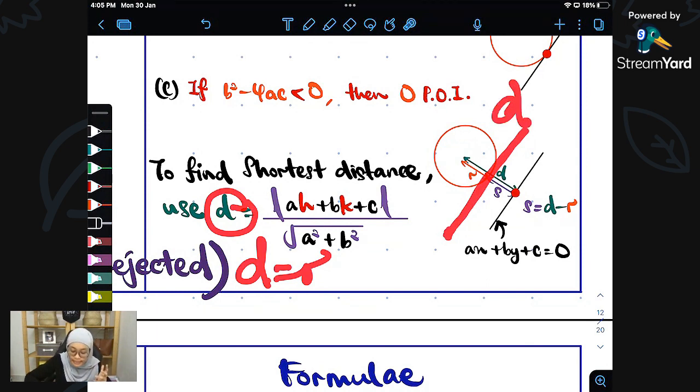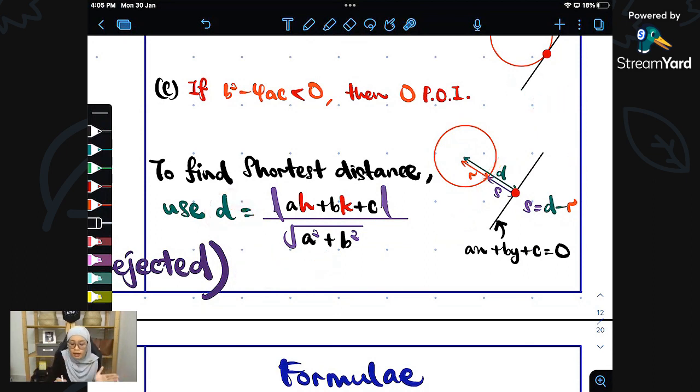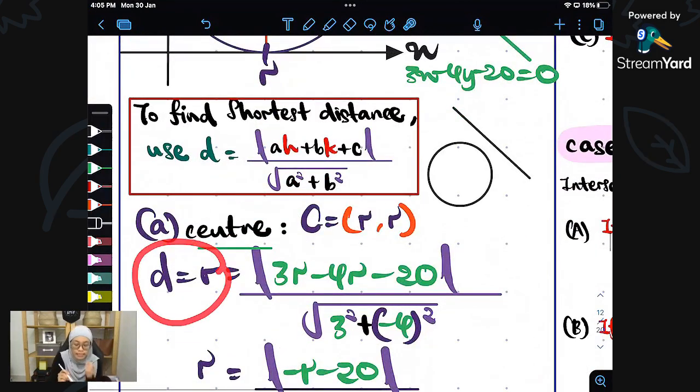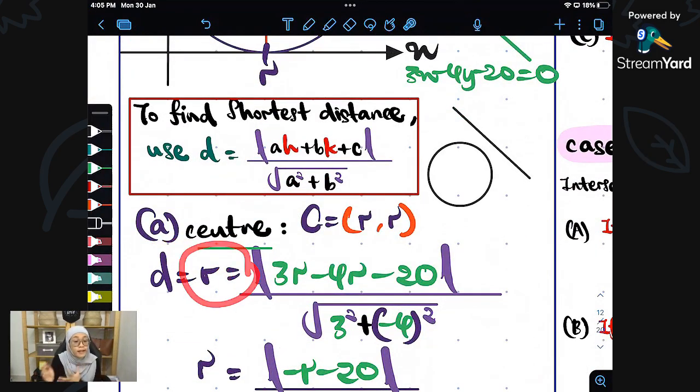It means that the D is actually equals to R, because there is no distance. Therefore, when the line is there, it means that R is equals to D, isn't it? They are the same value anyways. That's why sometimes in this situation, in this question, we can make our D equals to R because we want to find the R.